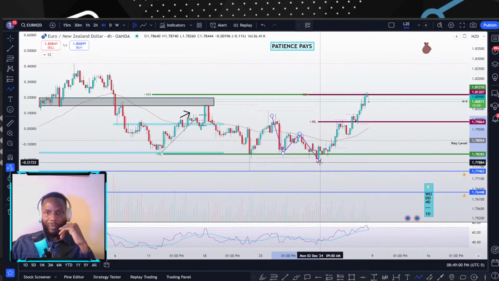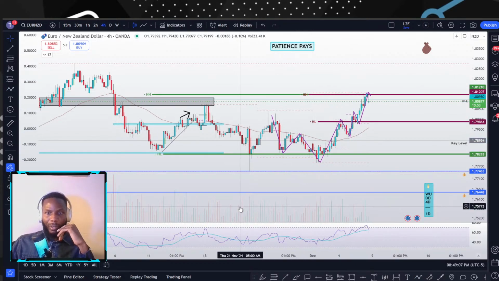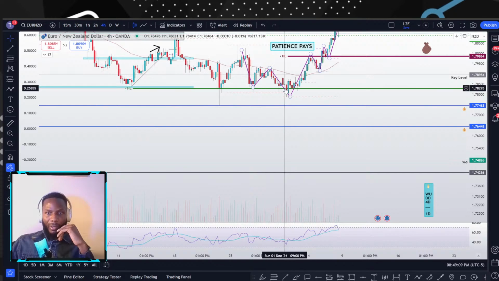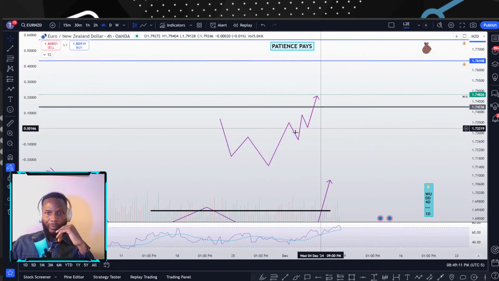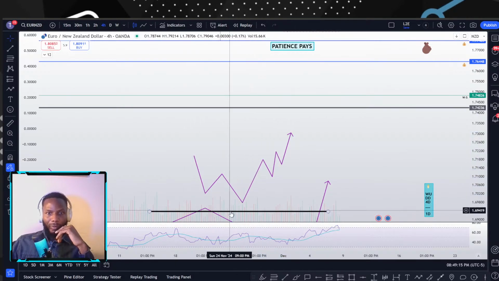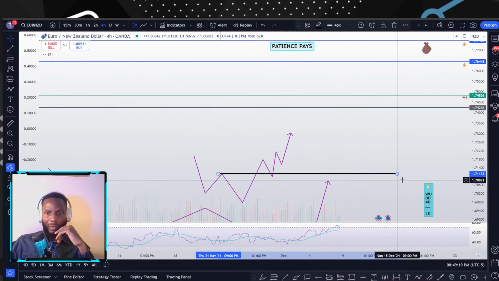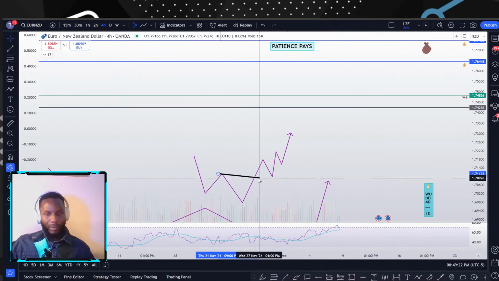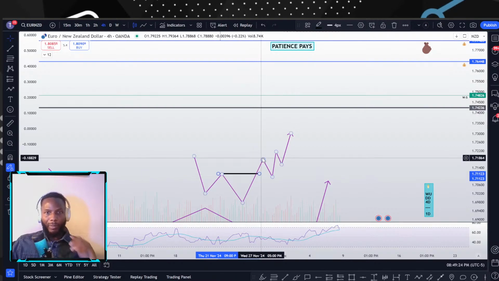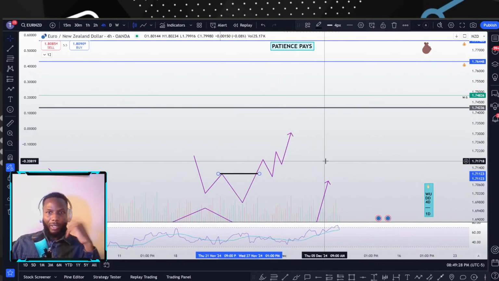This is just the ending of it, and then it broke here, came here, up here, came here, and then we're here. So if I just take this last bit here, I'll just use this again. It was in a downtrend here, down, and then you had it break above here, and it kept on breaking above, so it never came back down. So I know that this is also up.